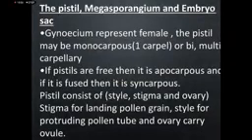Then the pistil, megasporangium and embryo sac. Gynoecium represents the female reproductive structure. The pistil may be monocarpous, that means only one carpel, or bicarpellary, two carpels, or multicarpellary, that means many carpels.